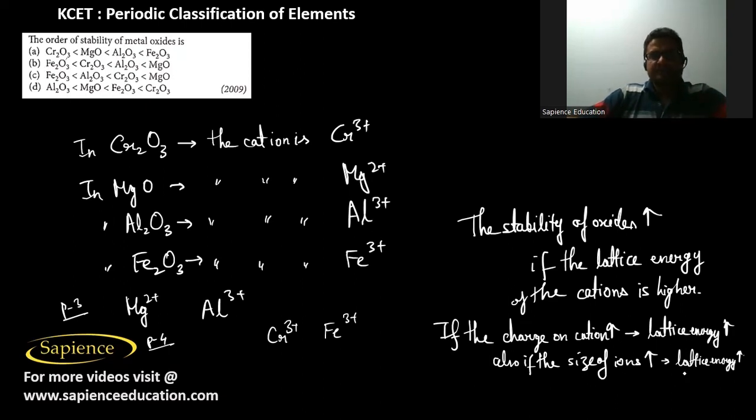So here if the size of the ions is higher, then the lattice energy would decrease. So Mg2 plus will have the least size, and the size of Fe3 plus will be higher.